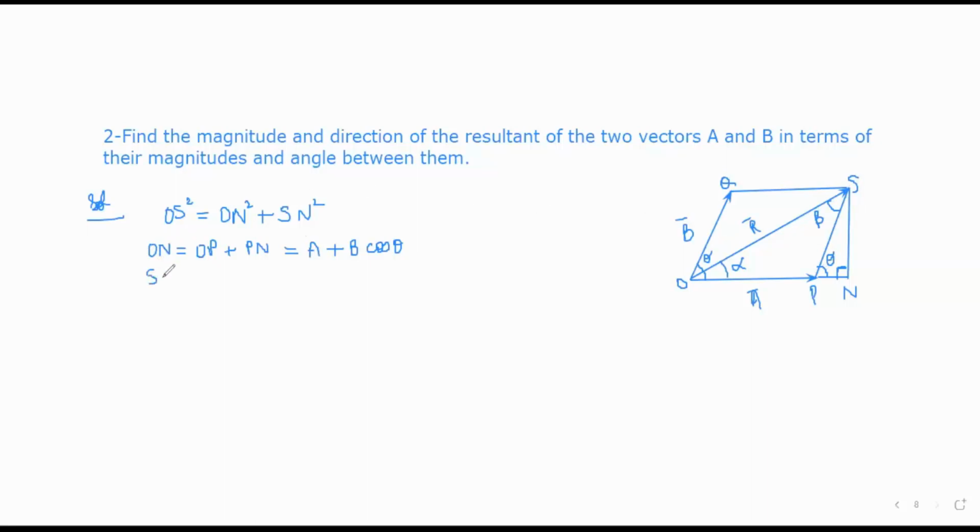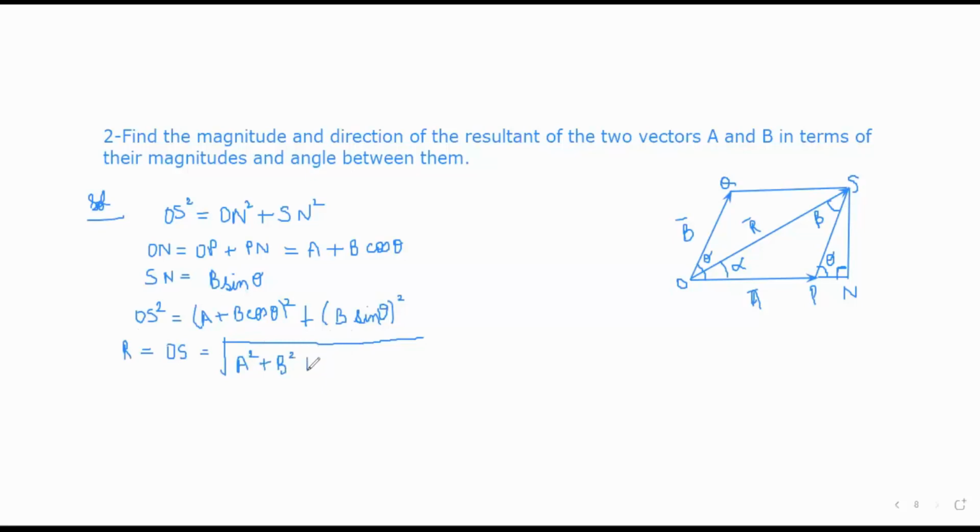And then similarly, SN can be written in terms of B as B sin theta. When we put these values in our Pythagoras theorem and add, our resultant R, which is OS, on opening these brackets, will be equal to the square root of A square plus B square plus 2AB cos theta.